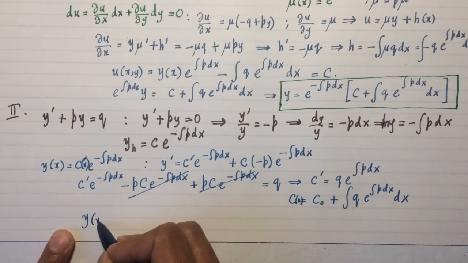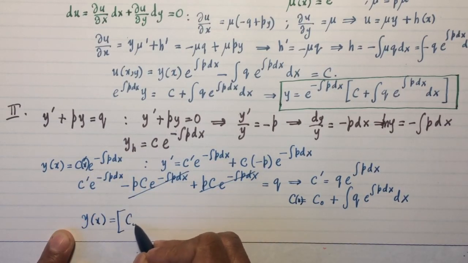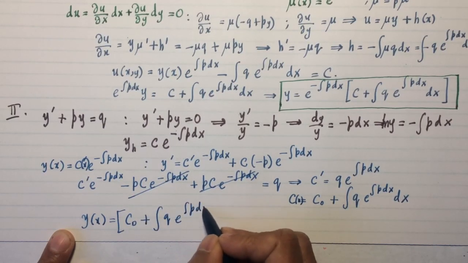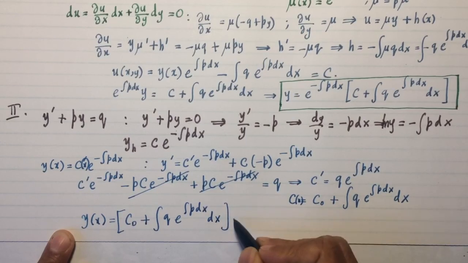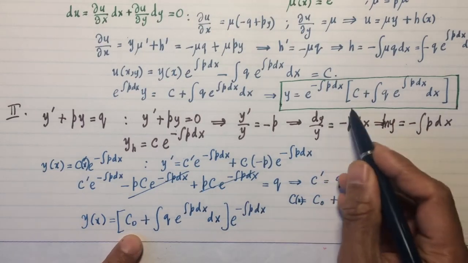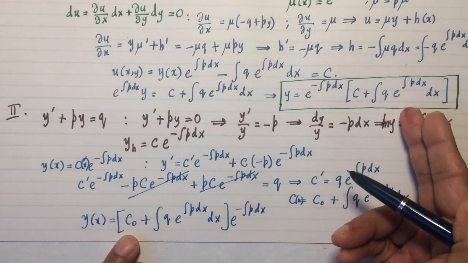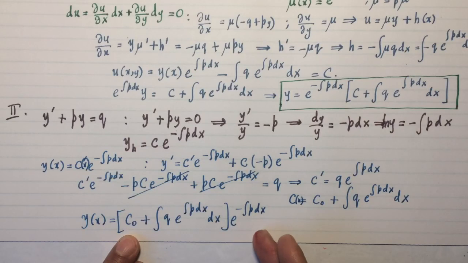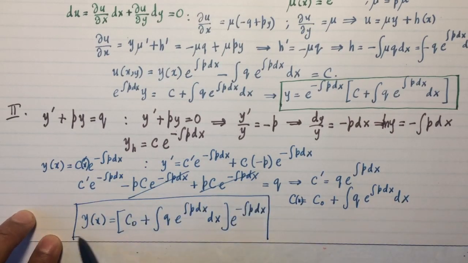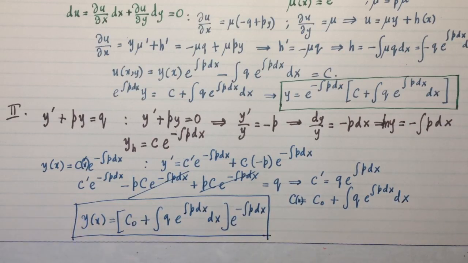So y of x equals c of x, which is c naught plus integral q e to the integral p dx, times e to the minus integral p dx, which is exactly the same as that, except I put the bracketed term before the other term. So they agree. Lagrange's method of variation of constant agrees with the method of potential theory, which is to find an exact differential employing Clairaut's theorem.